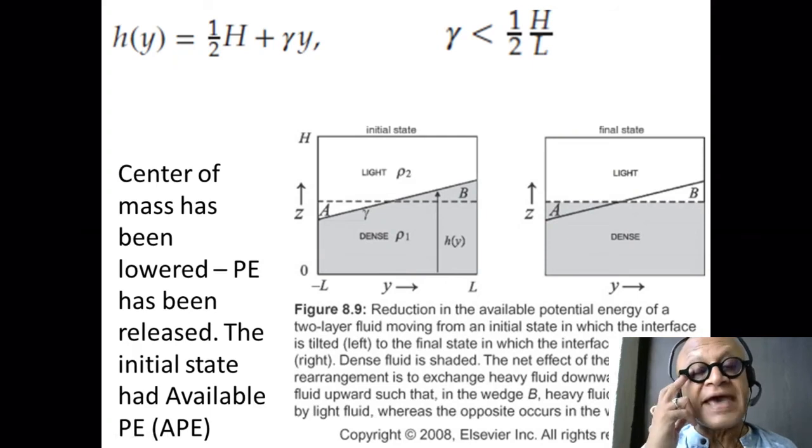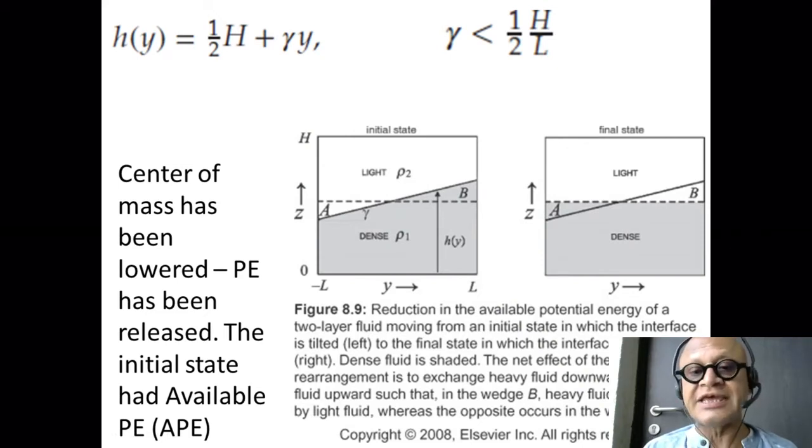The center of mass gets lowered when you let the interface go, and the final state of stability with the horizontal interface between the heavier and lighter fluid is accomplished. So the potential energy has been released.